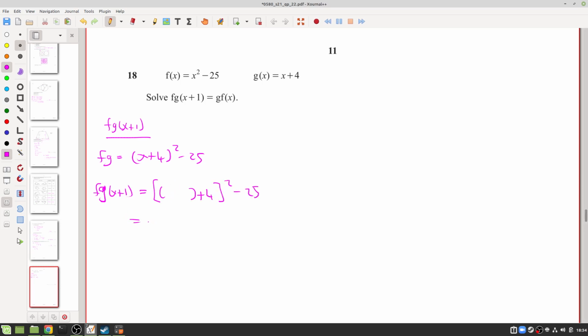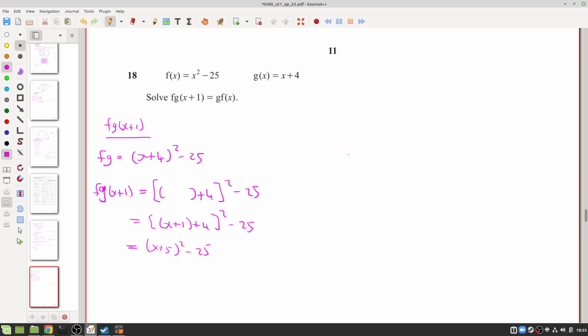But instead of the x, we're going to put x plus 1, plus 4 squared minus 25. So that's going to give us x plus 5 squared minus 25. Okay, that's fine. We don't need to expand right now. They didn't tell us to do that, so that's fine. You can if you want to, but that's fg of x plus 1.